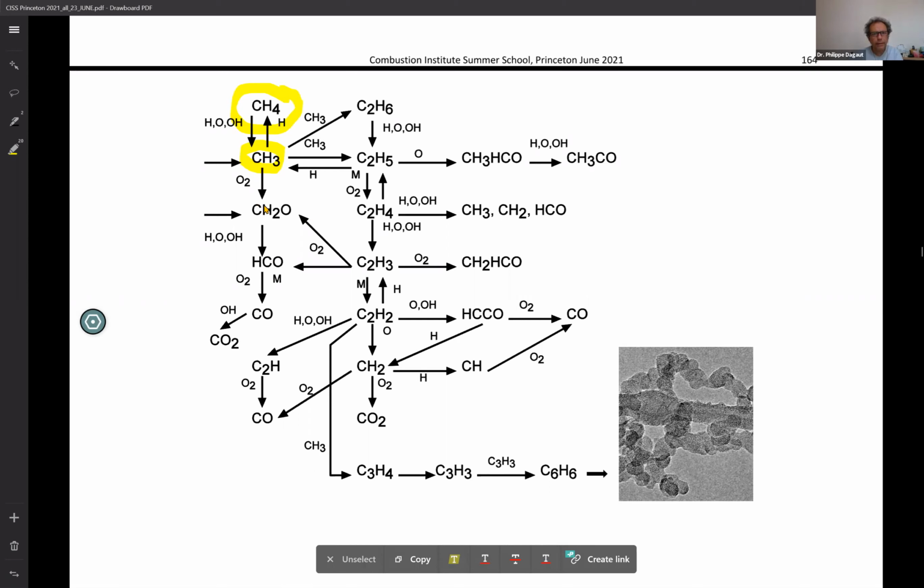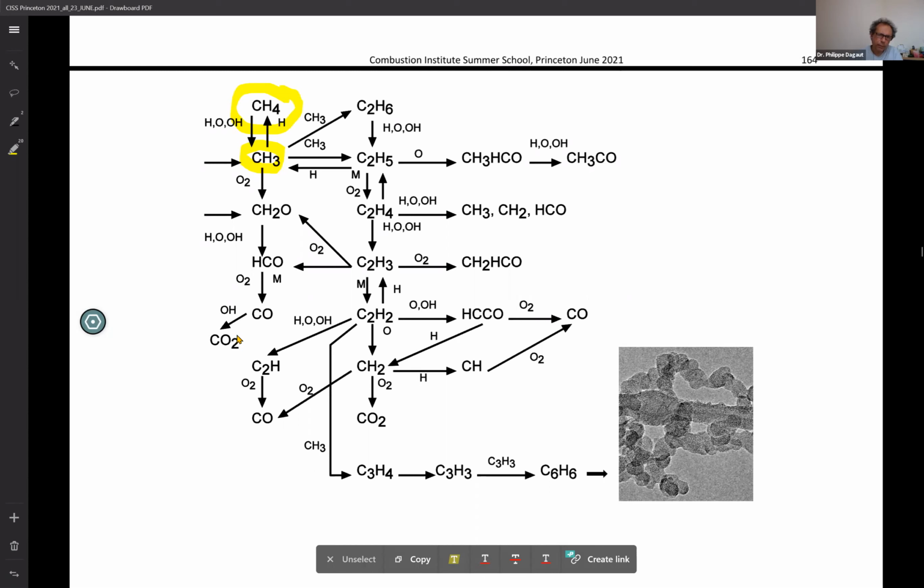And formaldehyde by oxidation will form formyl radical. Formyl radical can either oxidize or thermally decompose and produce CO, and CO is oxidized mostly by OH radicals to produce CO2.